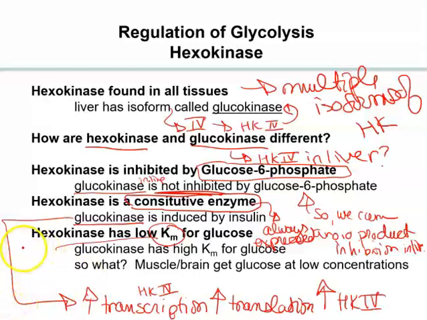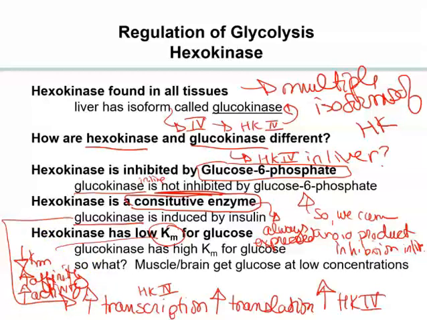And so if we have a low Km, we have a high affinity. And that means that the enzyme will use the substrate when it's present in very low concentrations in the cell. So there will be a high activity of the enzyme even when there's a very low amount of the substrate.